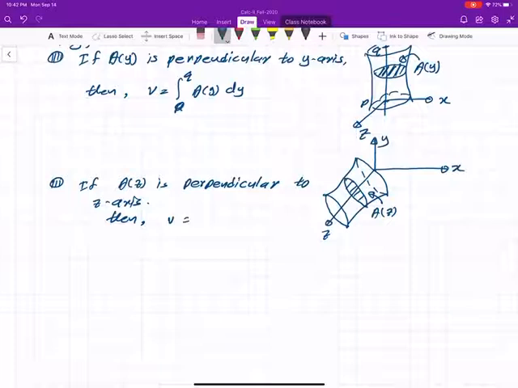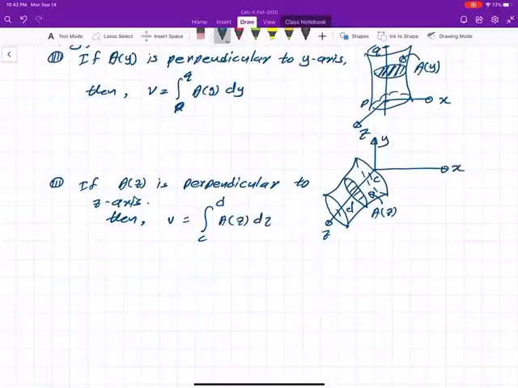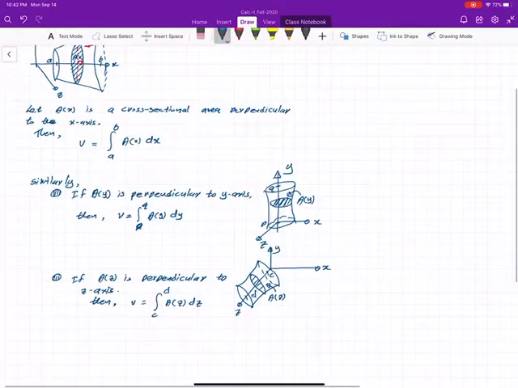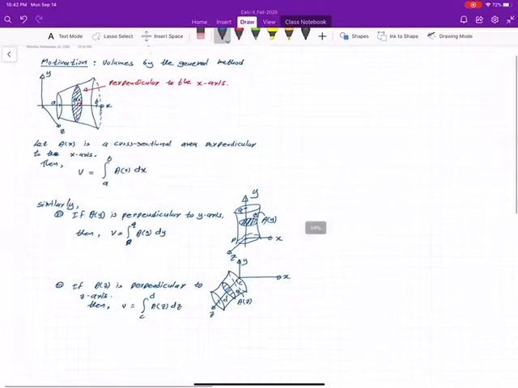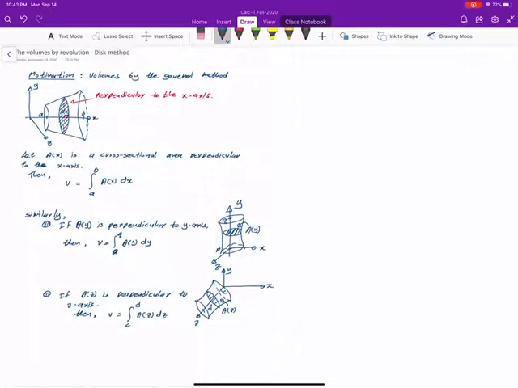Then the corresponding volume is, let's say this is c and that is d, the integration from c to d of A of c dc. Okay, so these are the three cases that we can think of. So this is the motivation. You know this part because we have done Riemann sum earlier. Now we move to today's class.